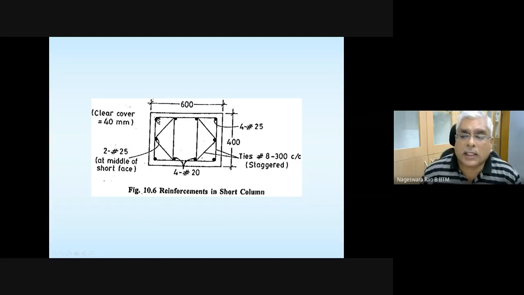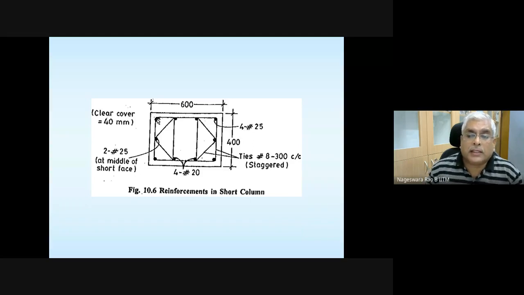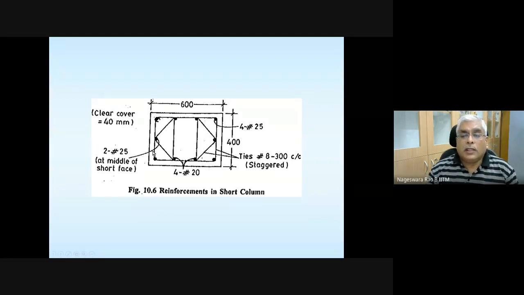And you have 6 bars of 25 mm diameter, and you can see here how the 6 bars of 25 mm diameter are disposed across the cross section.